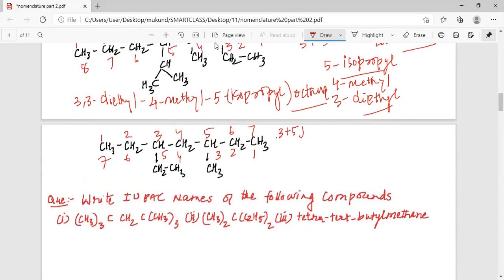We have 3 plus 5 on third carbon and fifth carbon. Same way when we look at here also, it will be 3 plus 5. So now both are having the same sum, so we will have to follow the alphabetical order.